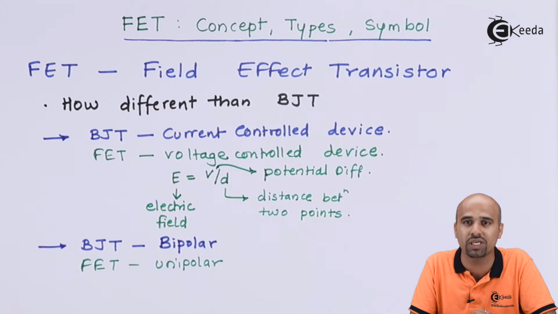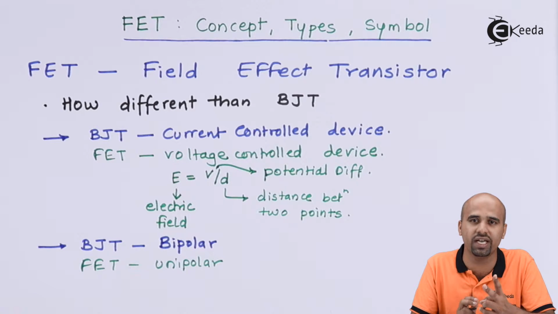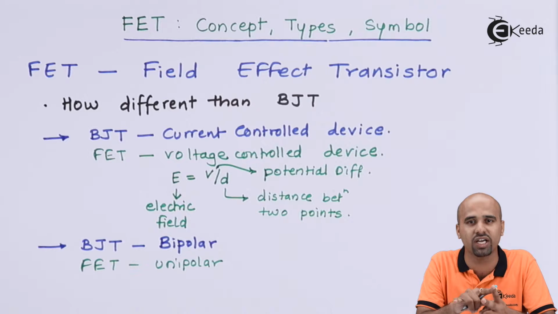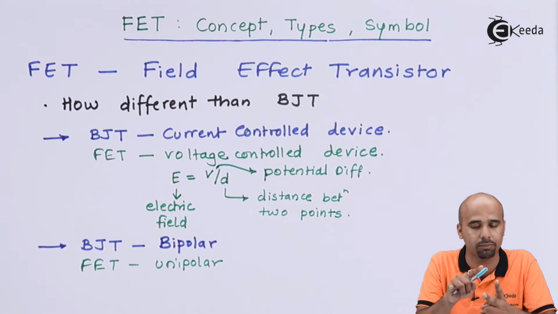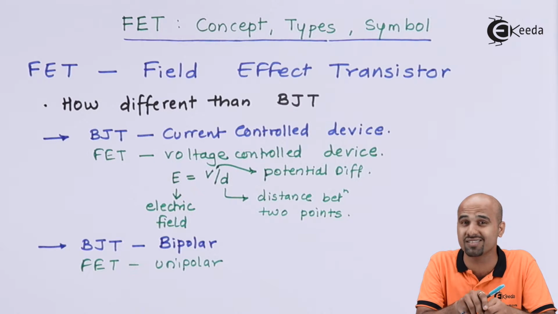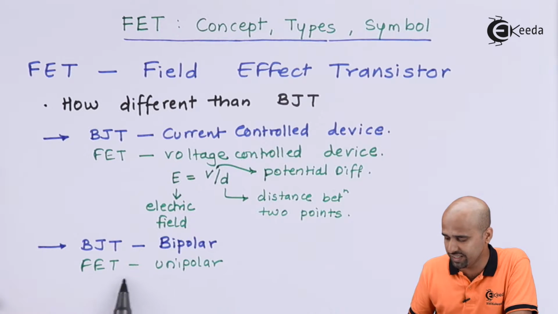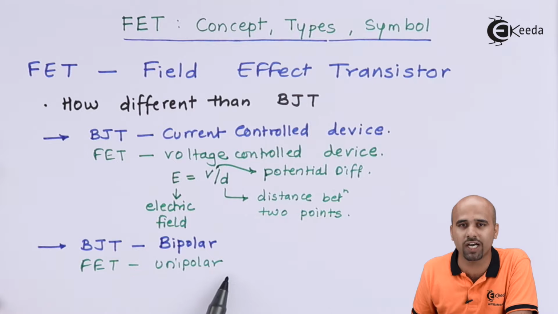This is because we are controlling the operation of BJT because of two, majority and minority charge carriers. Obviously, if in a semiconductor the majority charge carrier is positive, then the minority has to be negative. So both parameters are equally important for the operation of BJT. But is this important for FET? No. So that's why FET is a unipolar device.